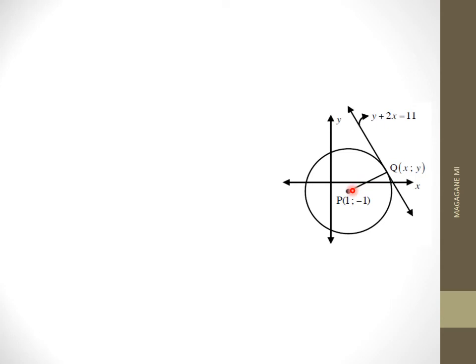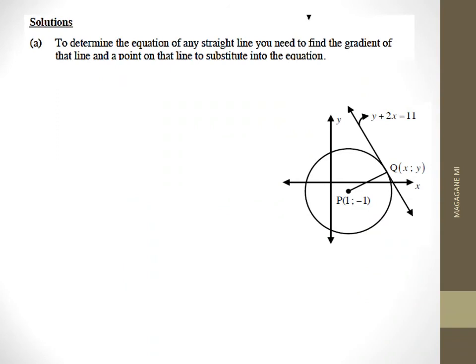To determine the equation of any straight line, you need the gradient of that line and a point on that line to substitute into the equation y minus y1 equals m times (x minus x1), where m represents your gradient and y1 and x1 represent the coordinates of the point.